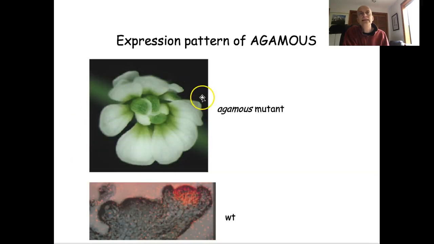And then lastly, the Agamous gene. Again, this is the Agamous mutant, and this is an Agamous wild type. Here you see one flower, here you see another flower. Here's the apical meristem, here's a floral bud that is sort of budding off, and here's the younger one, this is the slightly older one. You see there's no expression on the outside whorls, there's only expression in the inside whorls.